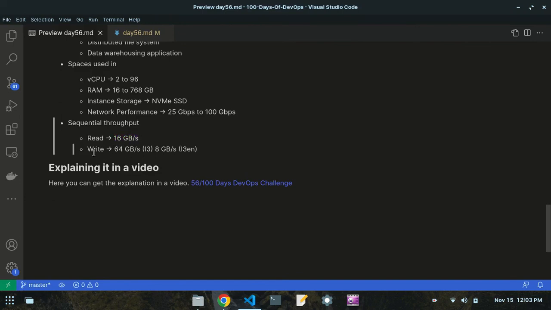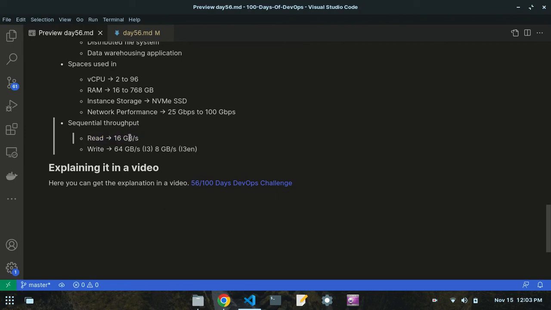But if you want to write the data, then in the I3, the data will be written at up to 64 GB per second, and in the I3EN at a rate of 8 GB per second. Alright, so I hope you understood.